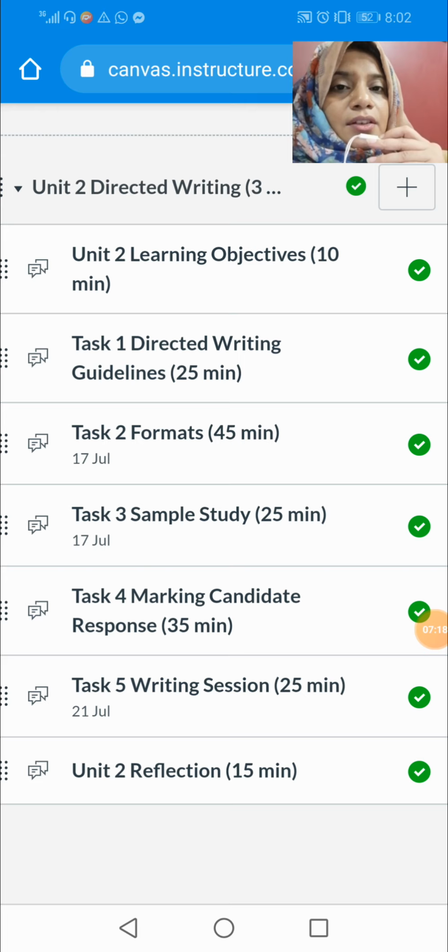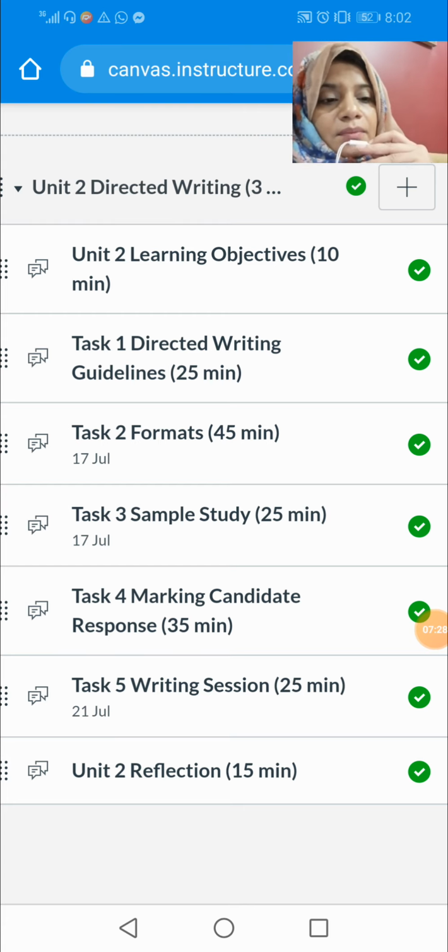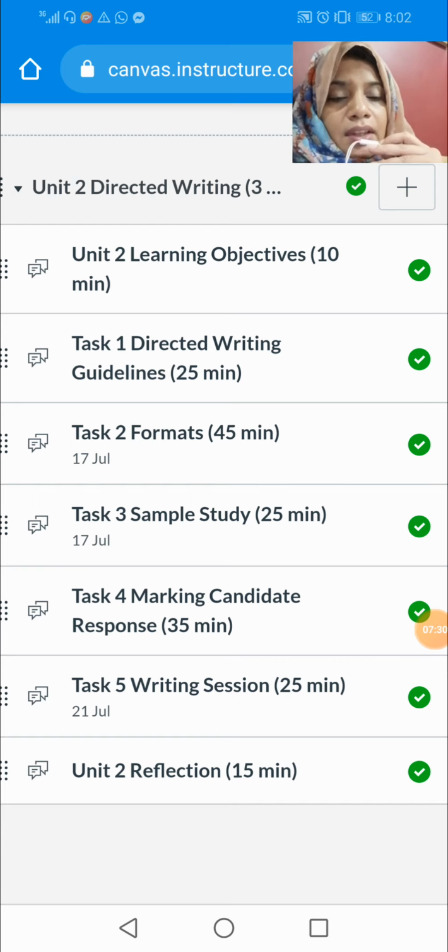And the 3 content points should be thoroughly elaborated. Apart from that, if there is any personal opinion given, it should be justified with evidence or supporting material. And next is the tone and register. It should be appropriate according to the audience, purpose, and situation.